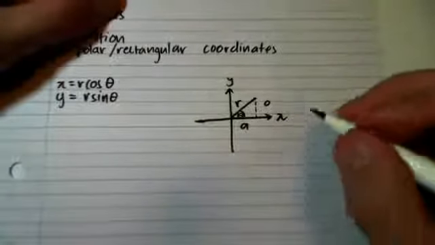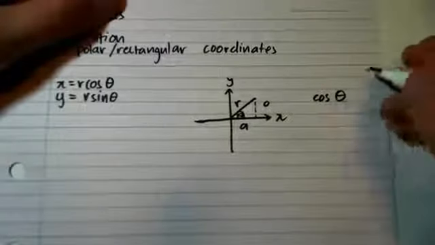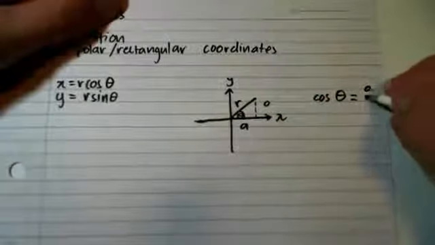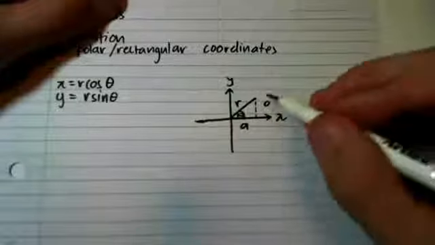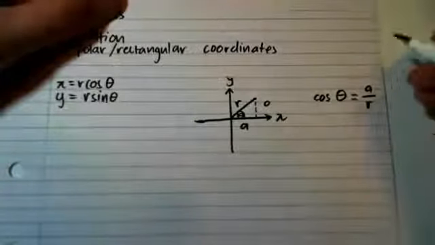So if we define cosine theta first, cosine theta equals our adjacent over the hypotenuse, which is our position or the total displacement.